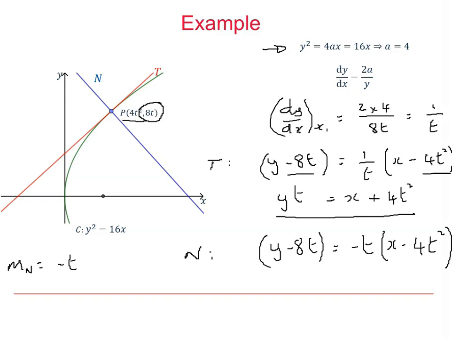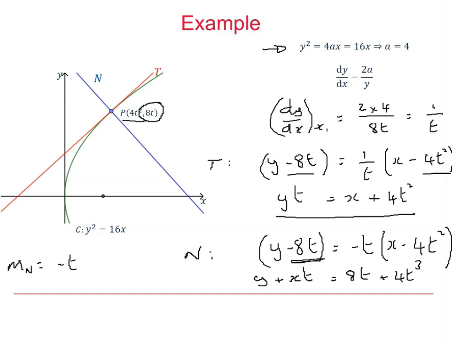And therefore, rearranging that, y plus xt, or tx, is equal to 8t. That comes from the 8t there, taken over to the right hand side, and then plus 4t cubed.